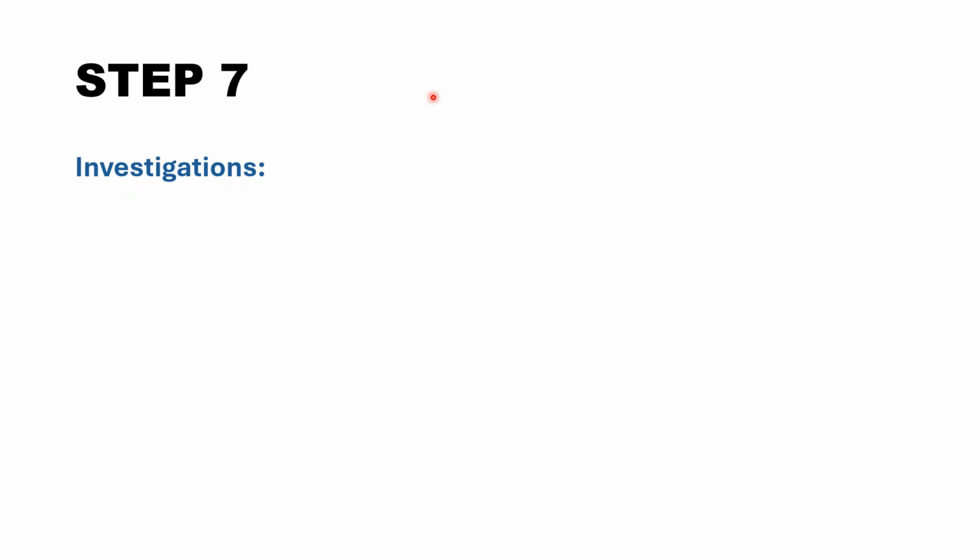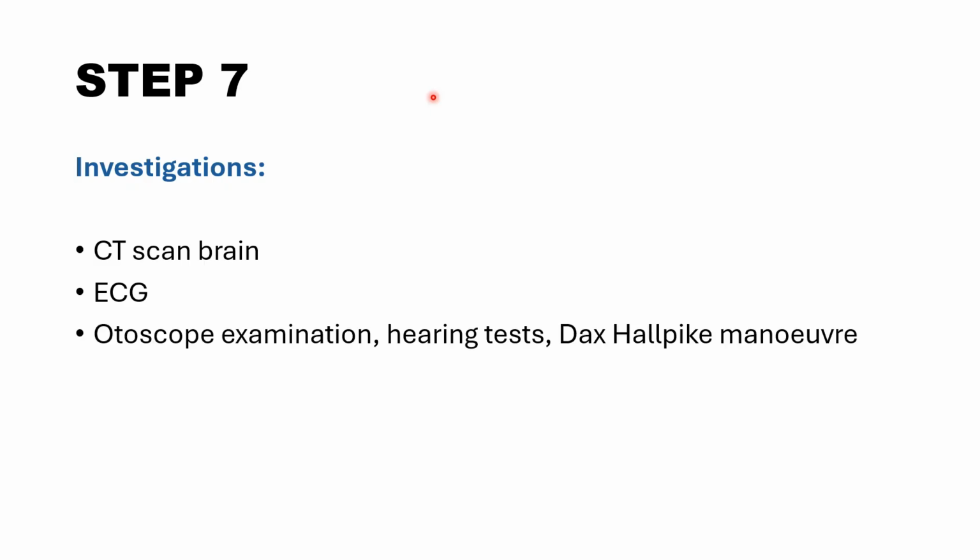So then you have to investigate the patient. For example, if you're thinking that it is stroke, you have to do a CT scan of the brain. If you think that it is MI or any kind of arrhythmia, then you have to do an ECG or refer them for echocardiography, 24-hour Holter ECG. If you think it is vestibular, then you have to do an otoscope examination. If they require any hearing test, you have to do hearing tests.